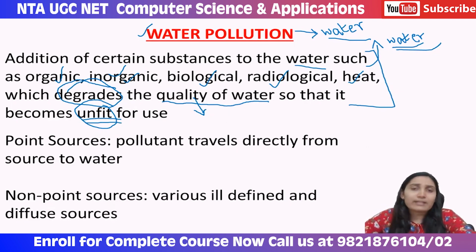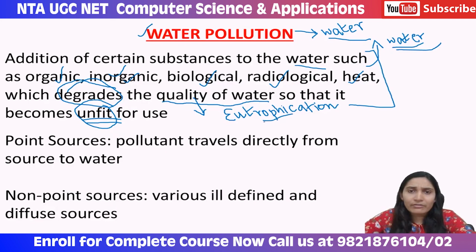One very good example of water pollution is eutrophication. We have already discussed the concept of eutrophication many times. It is a very important term, and one of the most important effects of pollution.